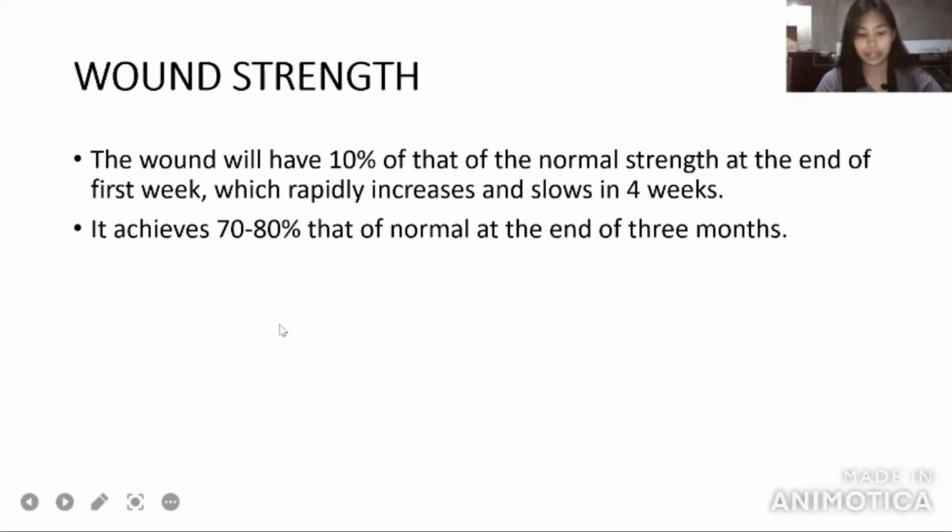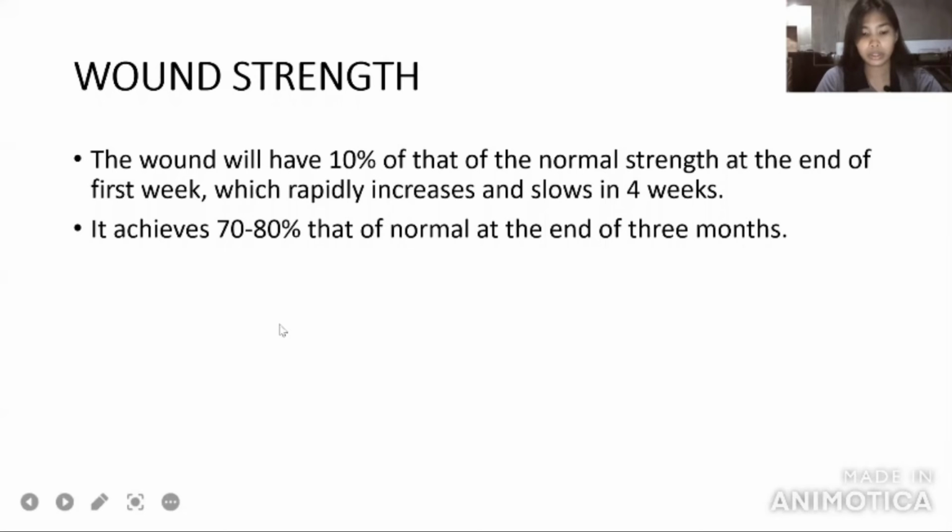Now let us understand what happens to the wound strength. At the end of the first week, you only have 10% of the normal strength. So the wound strength will be only 10% of normal, which rapidly increases over the next 4 weeks, and then it slows down at the end of 3 months.